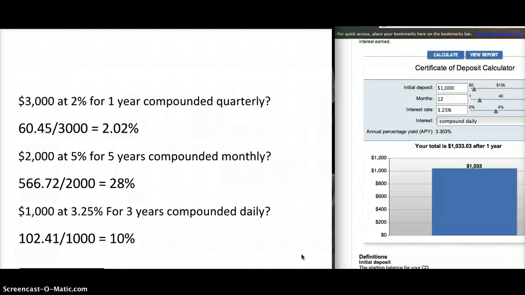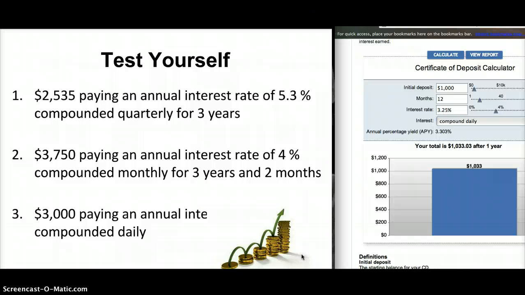And then you can do some calculations on your own, see if you can match these. And then you want to go back here and again calculate, test yourself, 2,500 annual rate.